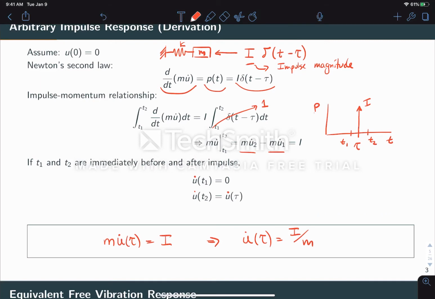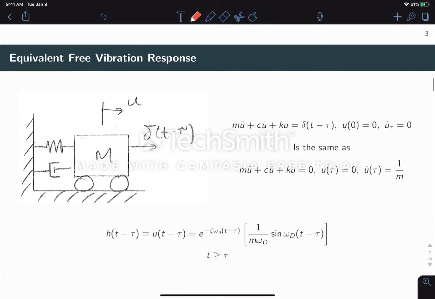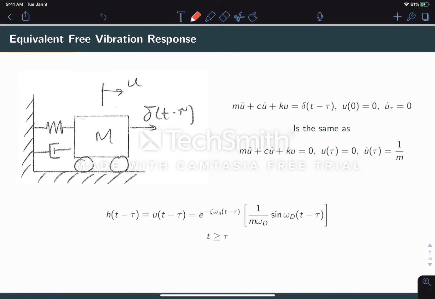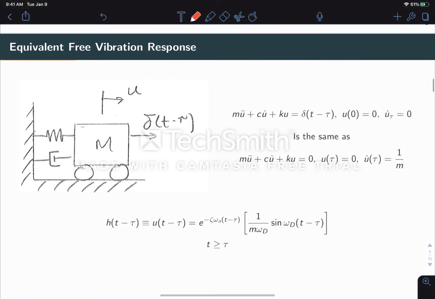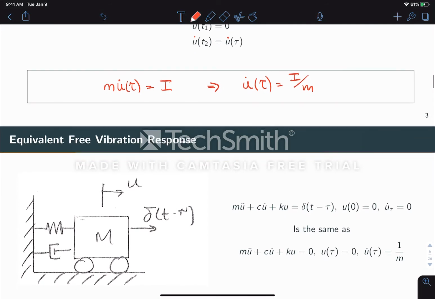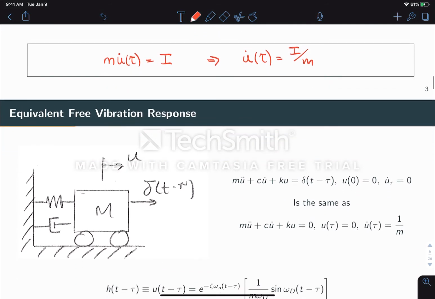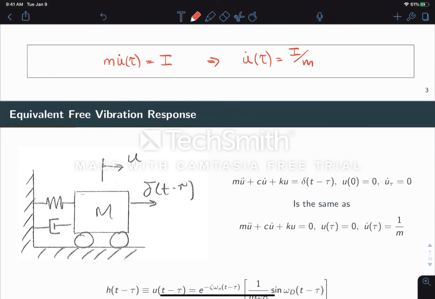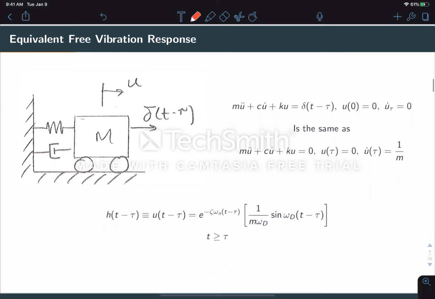Okay, so this is actually a pretty fundamental and important result, because it means that we can express essentially the impulse as an equivalent free vibration response. We saw just now that the initial velocity right at time tau is I over m, so it can be defined in terms of the impulse.